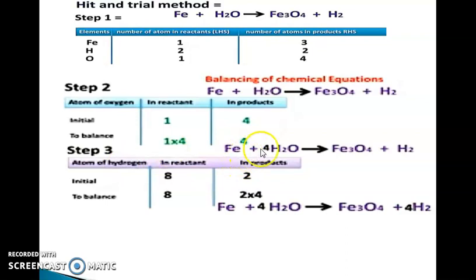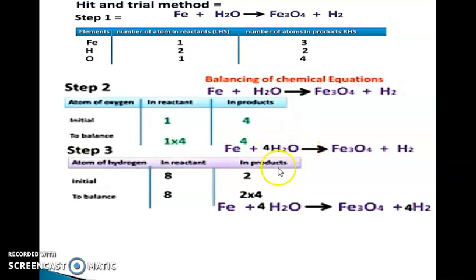Look at the above reaction. Here the total number of hydrogen atoms present on the reactant side is 8 before balancing, and on the product side only 2. So we can say that this reaction is unbalanced because the total number of hydrogen atoms is unbalanced on the reactant side as well as on the product side.